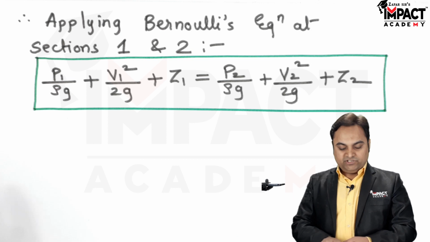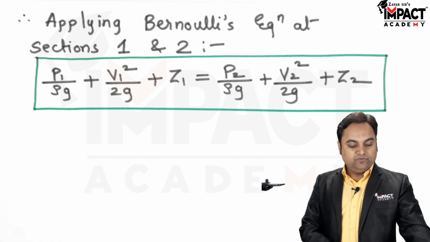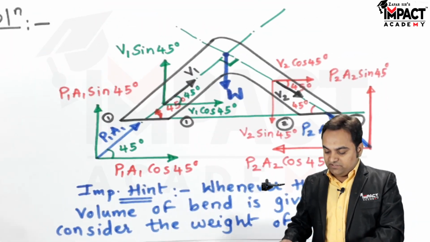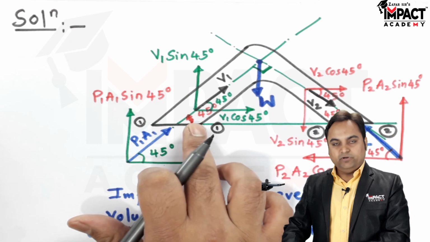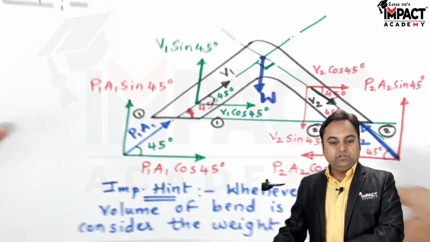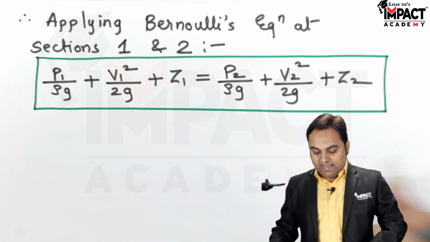They have mentioned in the question that the pipes are at equal level, that is at the same horizontal level. So we can clearly see that since they are at the same level, their heights with respect to a common datum Z1 and Z2 both are same. So Z1, Z2 will get cancelled out because they are at the same level and we need P2.